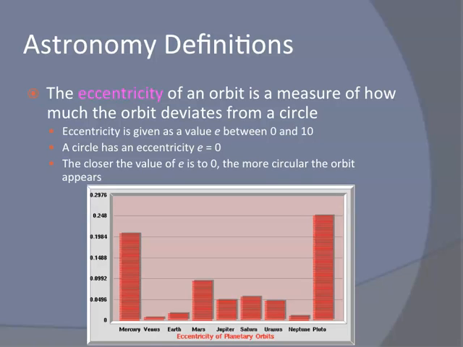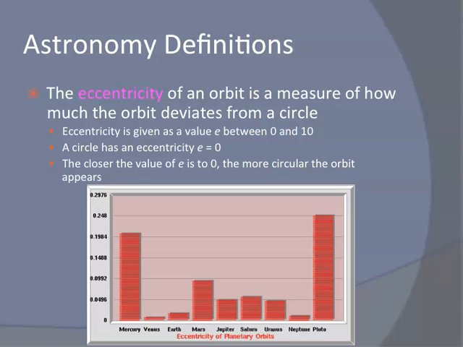So here you can see the eccentricity of each planet's orbits. You can see Mercury has a much higher eccentricity than Venus, right? Those are probably very drastically different. And Pluto has an even more eccentric orbit than Mercury.